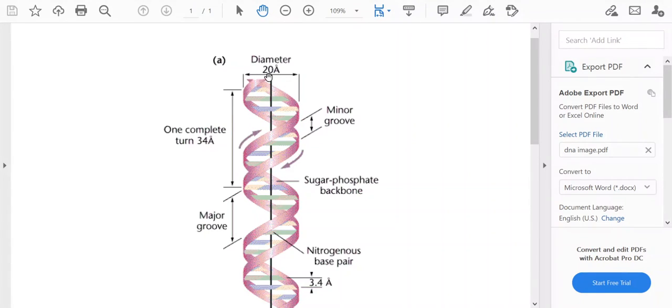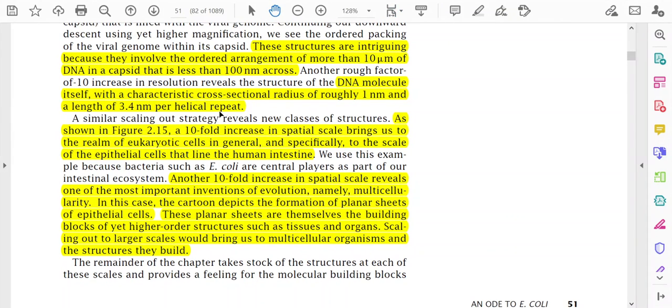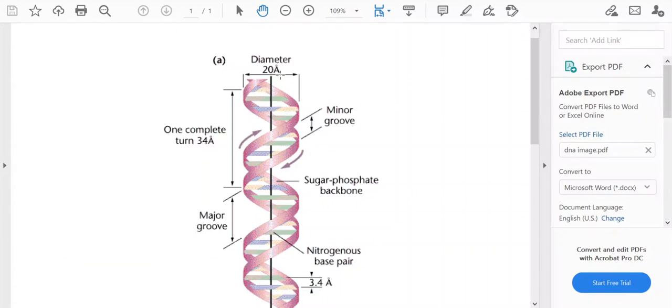Diameter is 20 angstrom, so radius will be 10 angstrom. That is why we are saying it is 1 nanometer in cross-sectional radius.